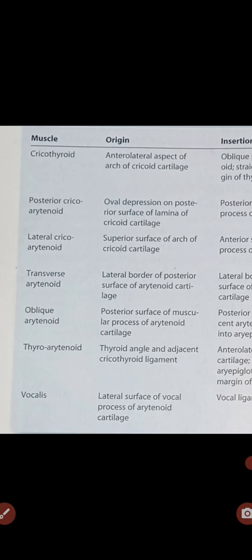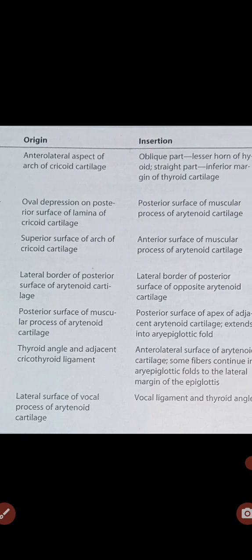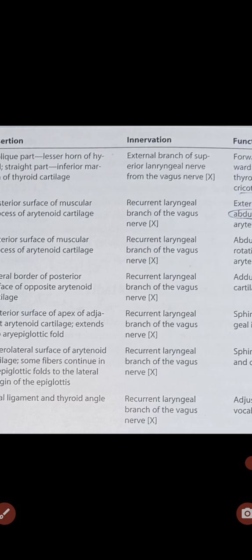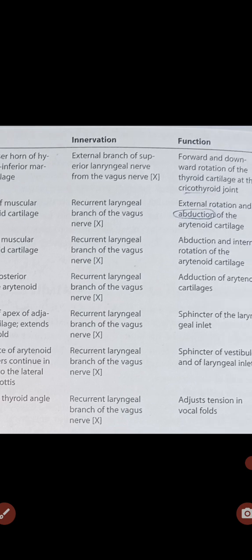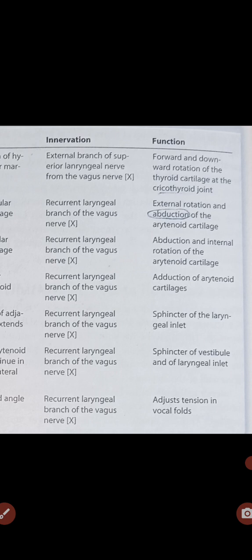Innervation is by the external branch of the superior laryngeal nerve from the vagus nerve. Function is forward and downward rotation of the thyroid cartilage at the cricothyroid joint.